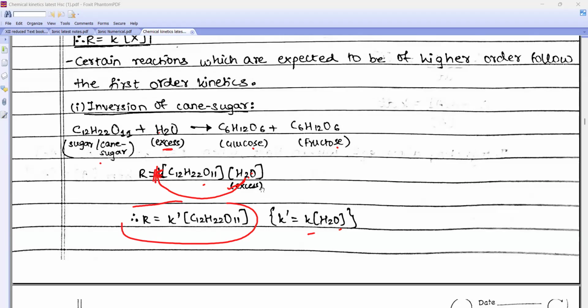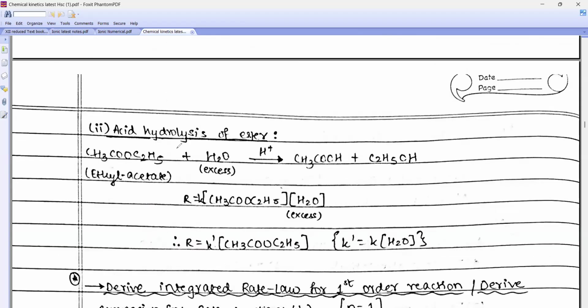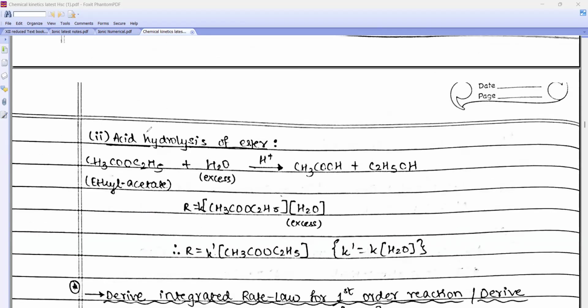Chalo, and the last one. Acid hydrolysis of ester. Now tell me, beta, this is ethyl acetate, this is water. How many reactants were there? Two. But below one, what have they written? Excess. This is also K. K into this water will become a new constant or not?